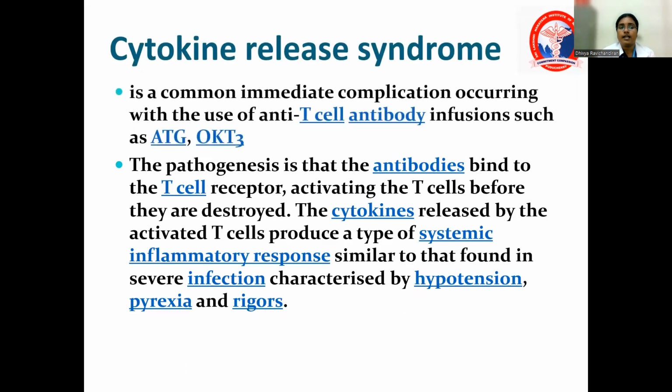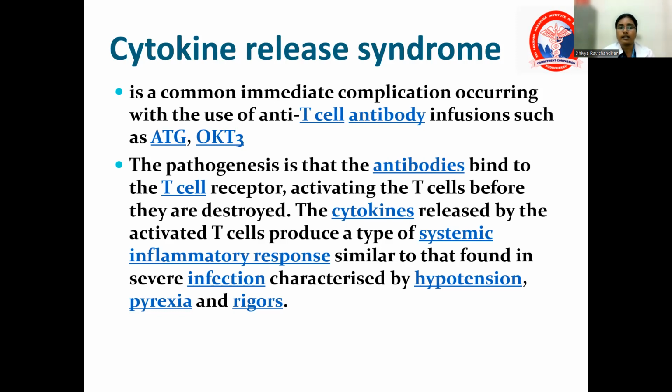Cytokine release syndrome is a common immediate complication occurring with the use of anti-T cell antibodies such as ATG and OKT3. The pathogenesis is that the antibodies bind to the T cell receptors, activating the T cells before they are destroyed.